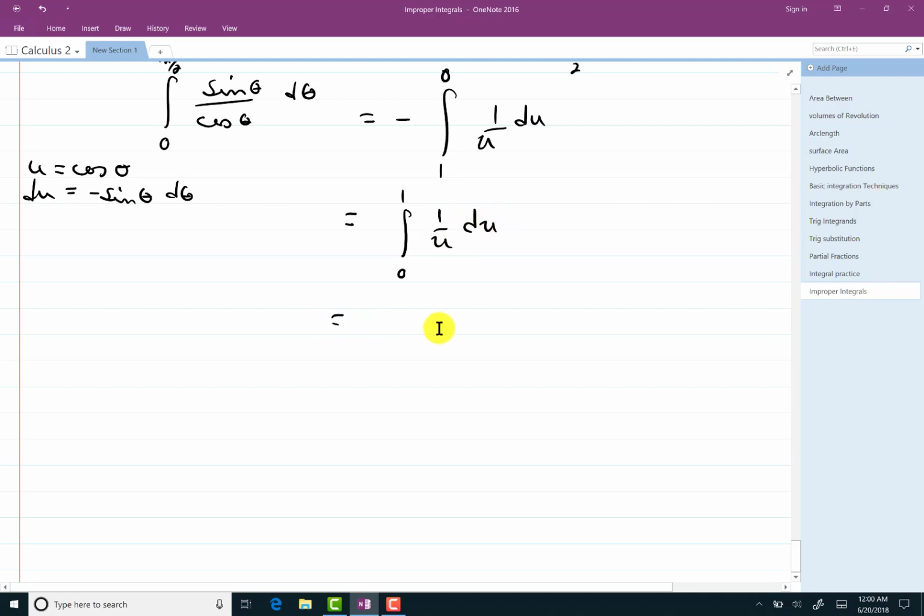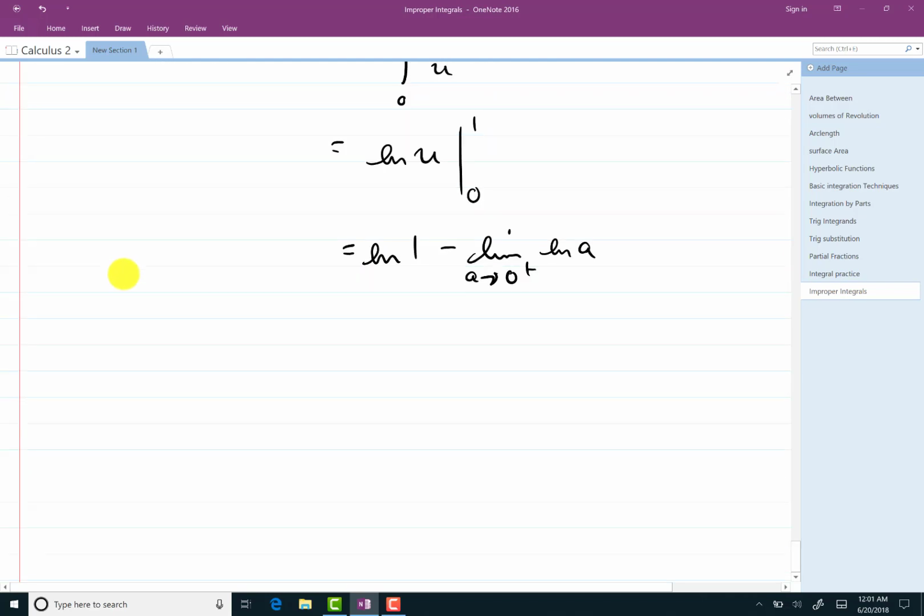Now, 1 over u has no problem with the number 1. You can't plug in 0, though. If you try to plug in 0, that will end up being undefined. So we have to do the natural log of u. No absolute values are needed once again. That equals the natural log of 1 minus the limit as a goes to 0 from the positive side of ln of a.